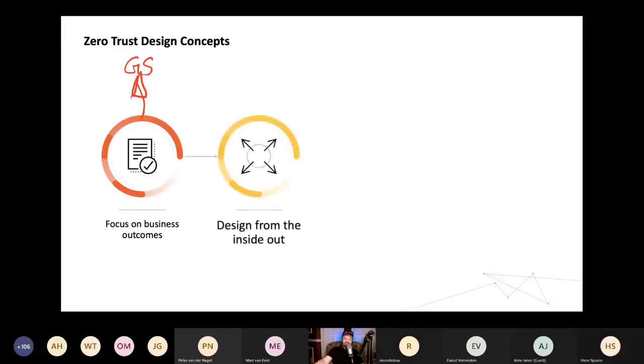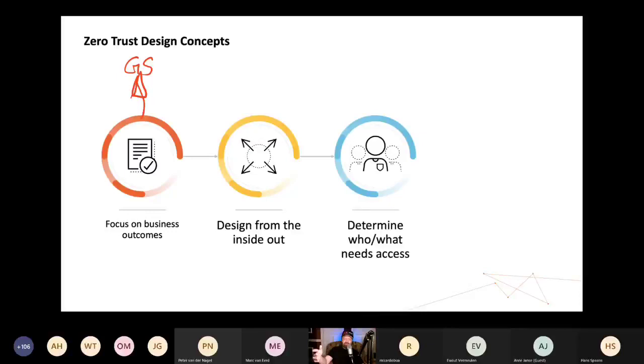Next, you design from the inside out instead of the outside in. We all learned to design networks from the outside in. We started at the edge and moved inwards and never actually understood what we were protecting. And then from there, we need to determine who or what needs to have access, need to know, least privilege. This is why we have problems. We let too many people have access to too much data in this world.